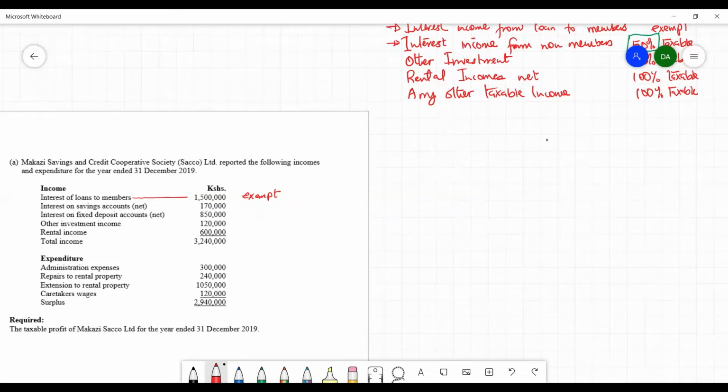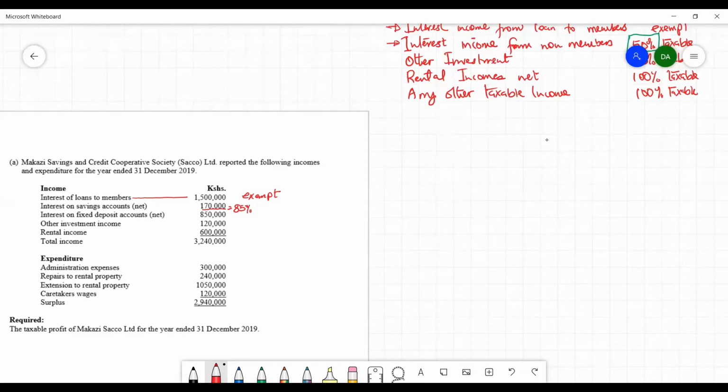The net amount which has been received of 170,000 is after deducting the withholding tax. Net means withholding tax has been deducted. Withholding tax on non-qualifying interest income is at the rate of 15%. That means 170,000 is equal to 85%.